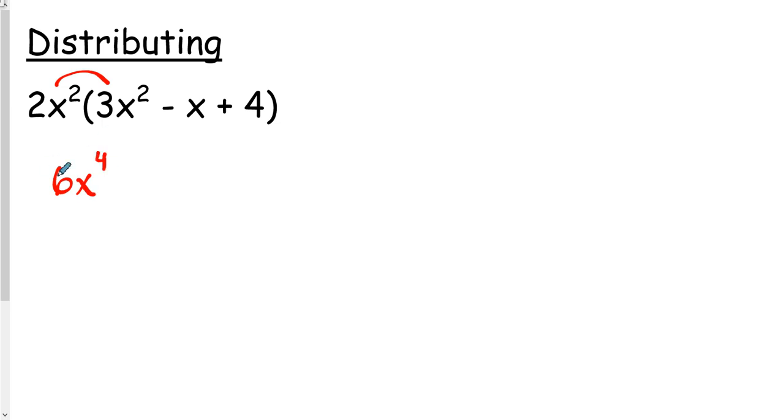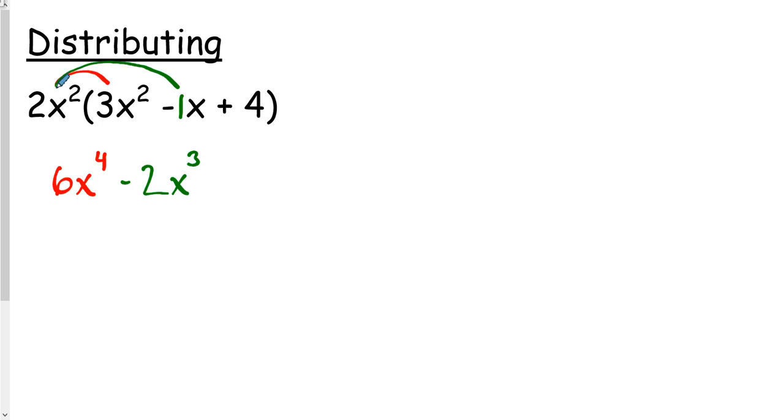So that's the first term in my product, okay? The second term is going to be when I have 2x squared, and I multiply that by negative 1x. 2 times negative 1 is negative 2. And x squared times x to the 1st is x cubed.